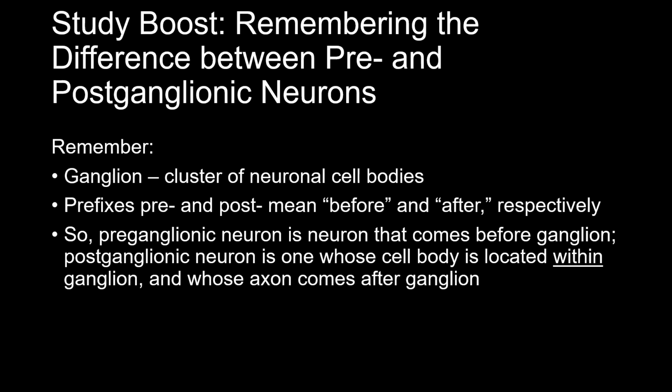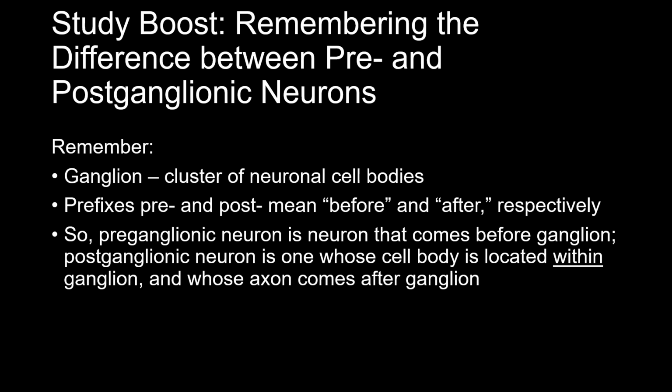If you attach those prefixes, pre meaning before and post meaning after, then the preganglionic neuron is going to be before the ganglion, and the postganglionic neuron is going to be after the ganglion or within the ganglion. So that is a very important thing to remember.